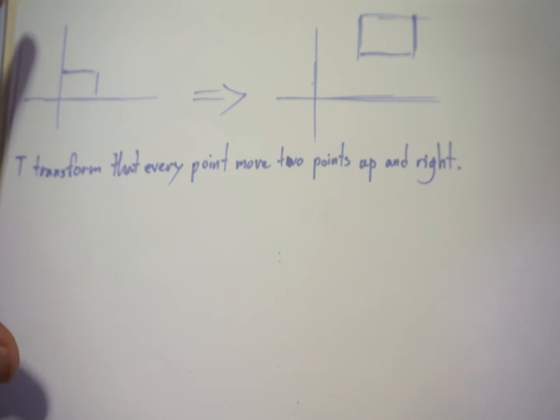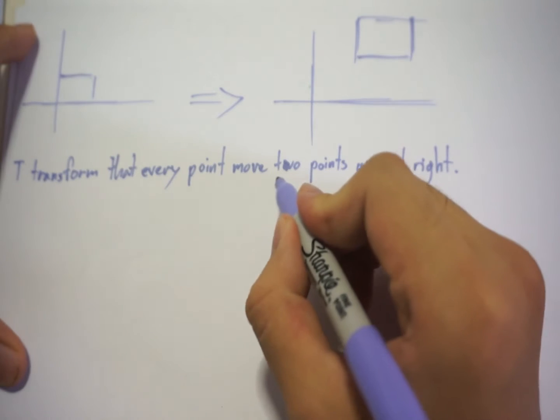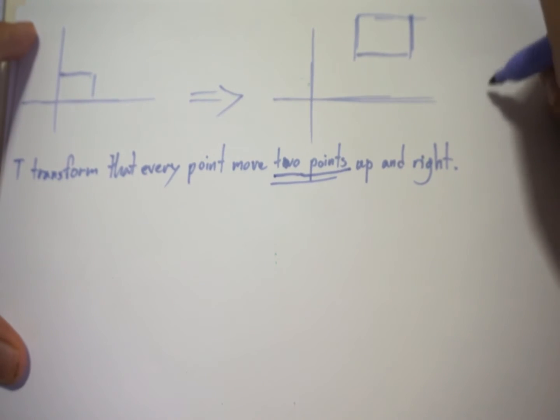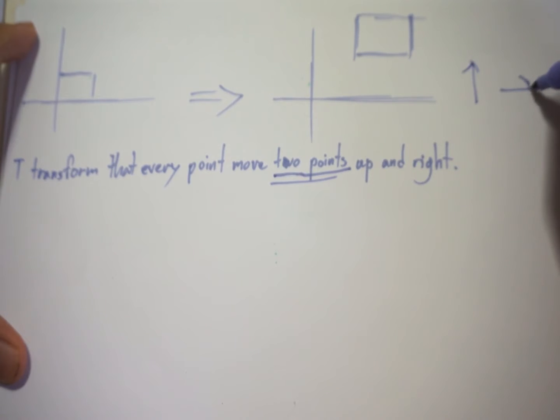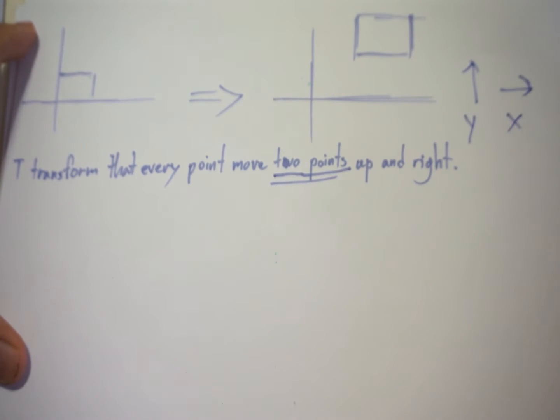As the question said, every point moves 2 points up and right. What does that mean, up and right? That means it's got to do with something y and x.